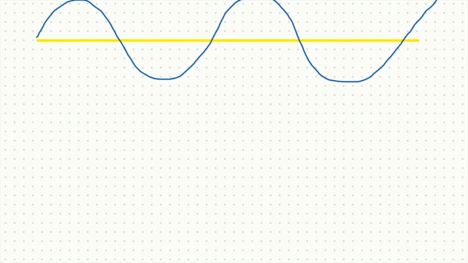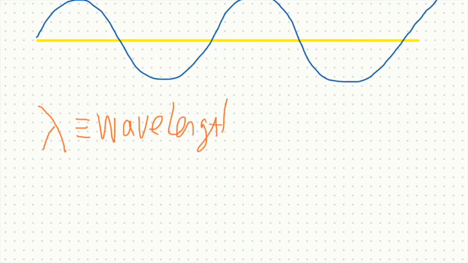The next thing I'd like to cover is simply some wave anatomy, right? So here's a kind of zoom in of the previous wave, and let's go ahead and define some variables here. I'm going to use the Greek symbol lambda for wavelength, right? So let's define this as wavelength. I wouldn't want to have to write all these letters every single time. Wavelength is lambda. I'm going to use a capital A for amplitude.